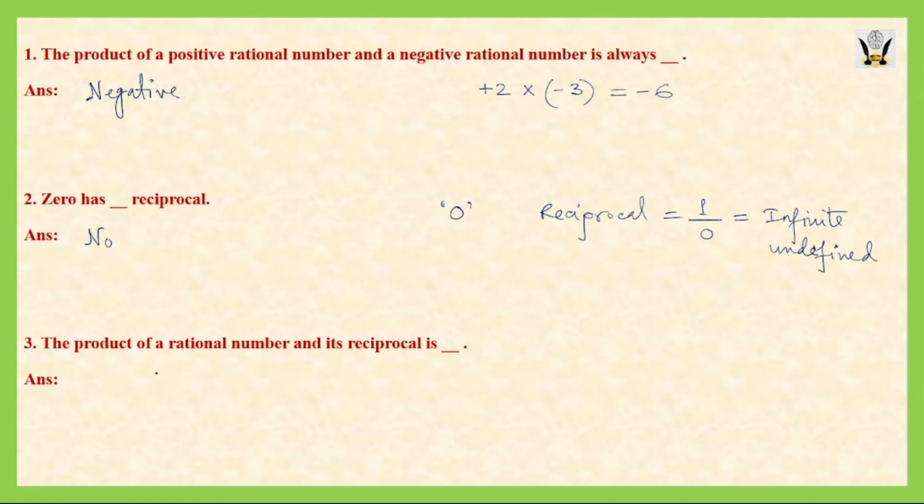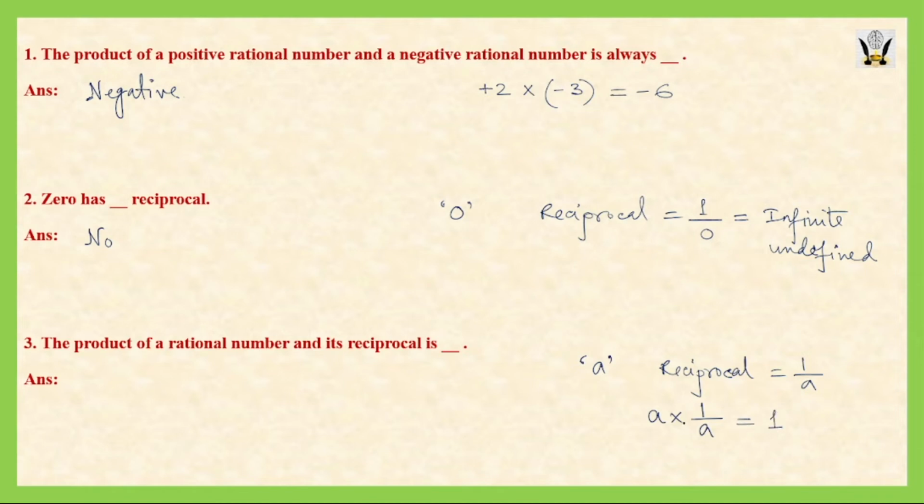Now the next question is, the product of a rational number and its reciprocal is what? Suppose the rational number is a, then the reciprocal of that rational number will be 1 upon a. So the product of a and 1 upon a will always be 1.